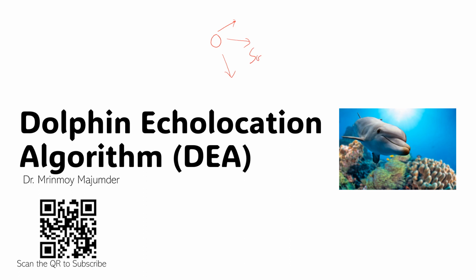Sonar means sound signals, and this sound signal travels, and whenever this sound signal detects some prey, means small fishes or anything that is in the menu of the dolphin, those sound signals get reflected from the body surface of the prey, and it travels back.